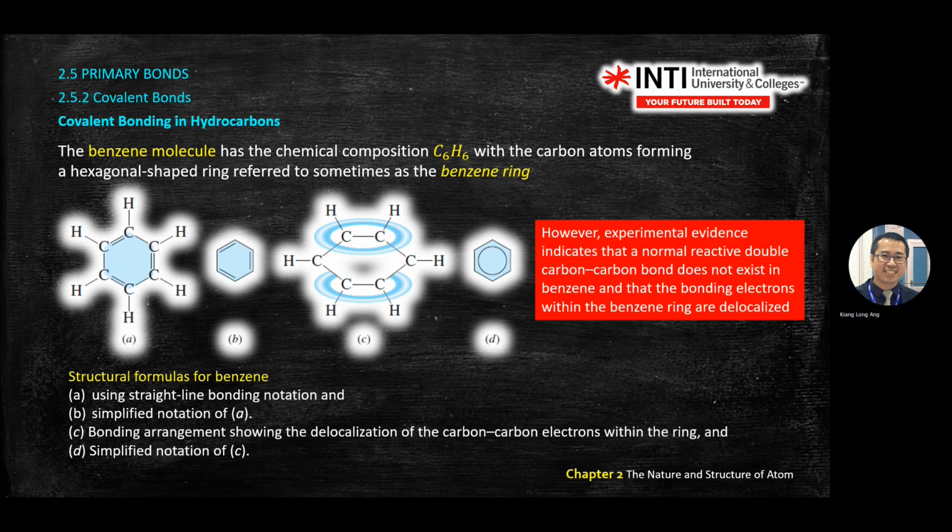So there are diagrams A, B, C, D here. A is the straight line bonding notation. You can simplify this structure with this hexagon ring. It's called simplified notation. If you see this one, it means this one, including the hydrogen. This is the bonding arrangement.